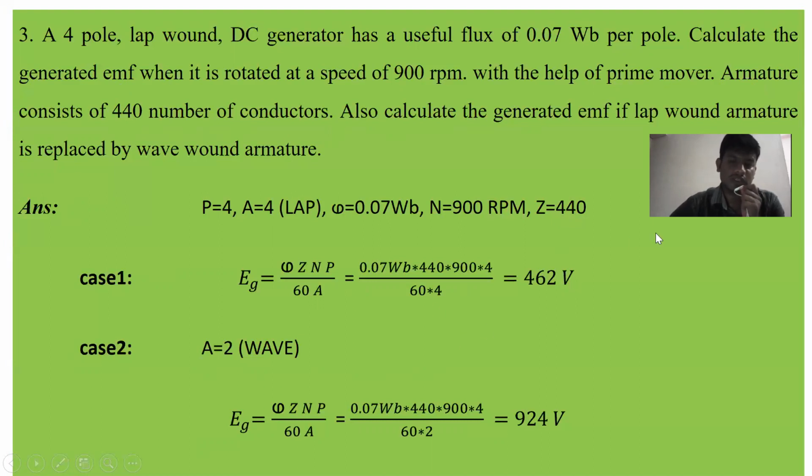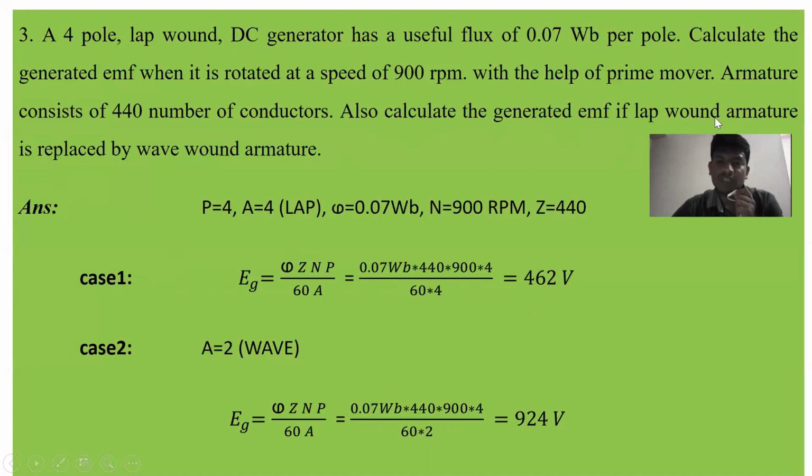So that is 440 conductors. Simply use the formula E equals phi Z N P by 60 A, that equals 0.07 Webers into Z 440, N 900, P 4 by 60 into A equals 4. By calculating this, we get 462 volts. Then next, also calculate the generated EMF if the lap wound armature is replaced by a wave wound armature.